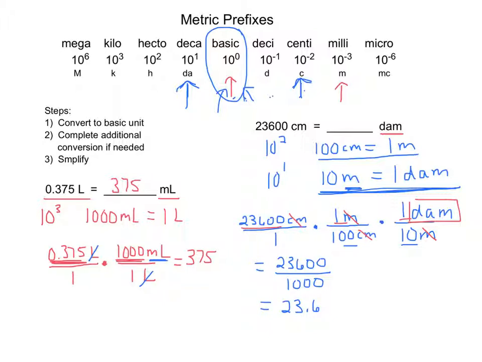And so I can take a look at this and fill in my blank here, and I end up with 23.6 decameters. So this is using dimensional analysis to make these conversions.